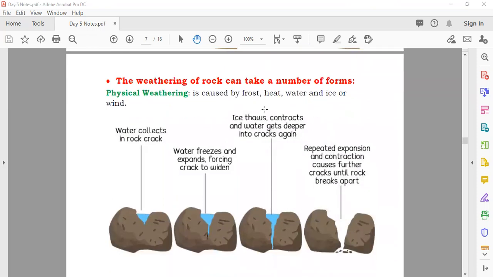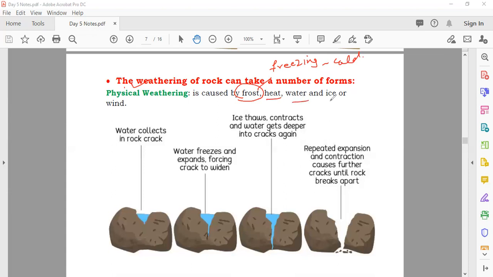Okay. Now they're saying there are different types of weathering. Number one, physical weathering. Physical weathering is caused by frost. Anyone can tell me what frost means? Frost means freezing, or you can say cold.